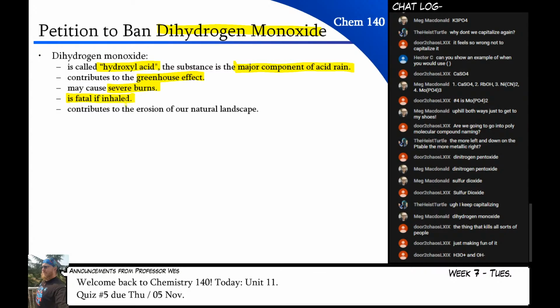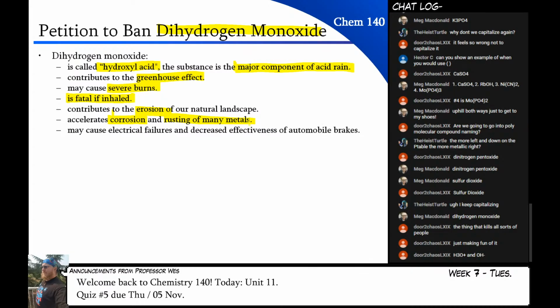It causes erosion. That's not good. All of our national parks, Grand Canyon, things like that, all of its erosion is due to this, completely. And it corrodes metal and rusts it. So if your brakes are rusty, it's dihydrogen monoxide. It's because it's all out there in the environment.